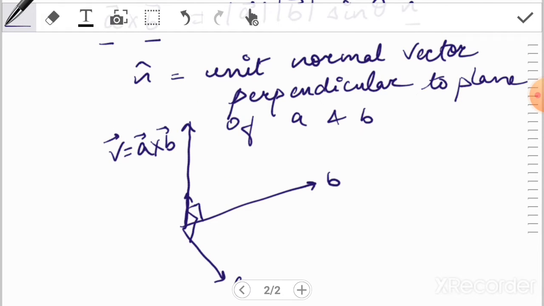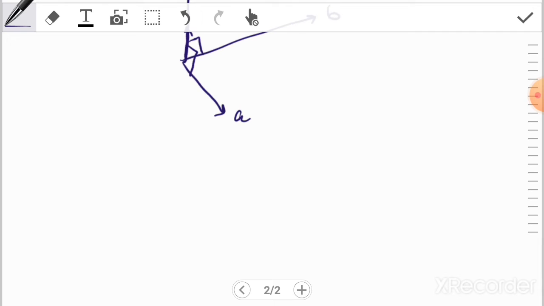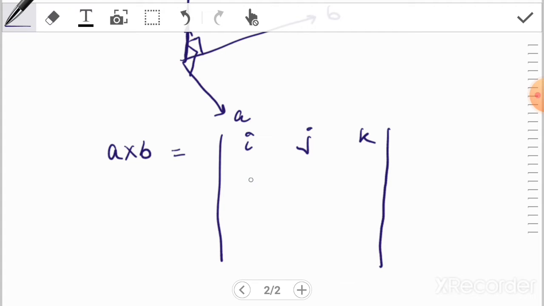Also, with the help of a determinant, you can find A cross B as i, j, k, and writing the components of each vector A1, A2 and A3, B1, B2 and B3.